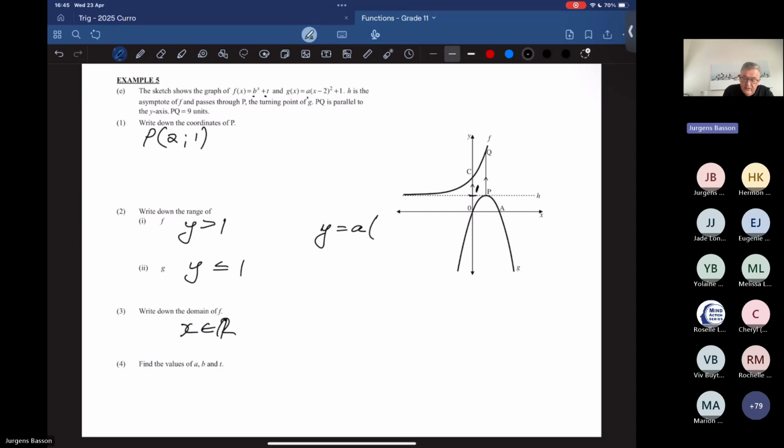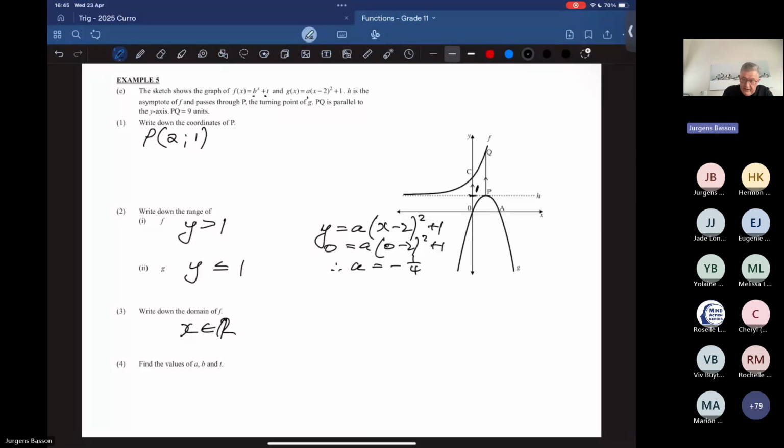It's a over (x minus 2) squared plus 1. And the only thing we need is a point, and we have (0, 0). If you put (0, 0) into this one, 0 is equal to a(0 minus 2) squared plus 1. Then you get that a is negative a quarter. And that is what they ask us. So there we have a. So we've got the equation of the parabola now.